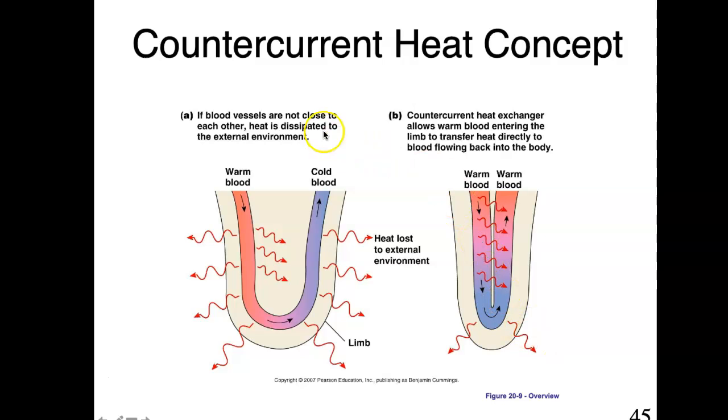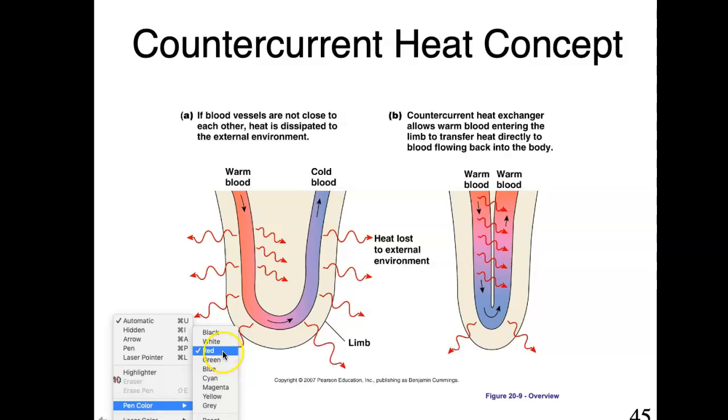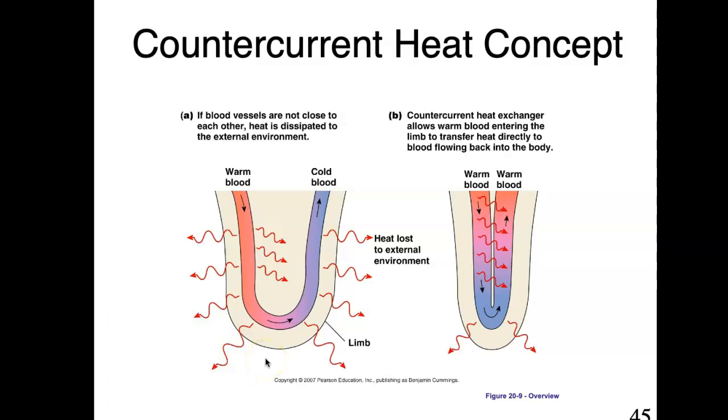I'm going to start out with this concept of countercurrent flow because that's what is working inside the kidney. But to illustrate it, first of all, I'm going to use it in terms of heat and not volume of water because it's easier to understand.